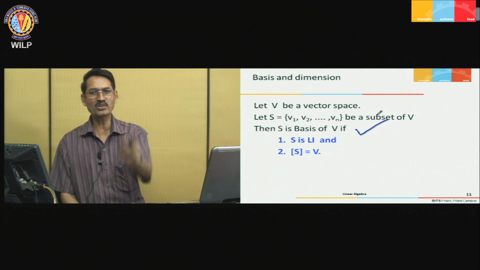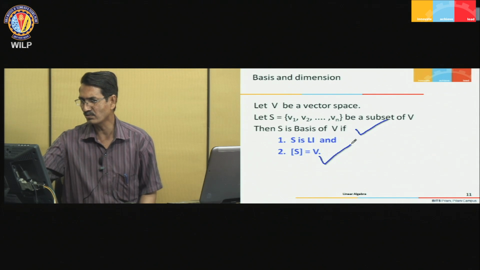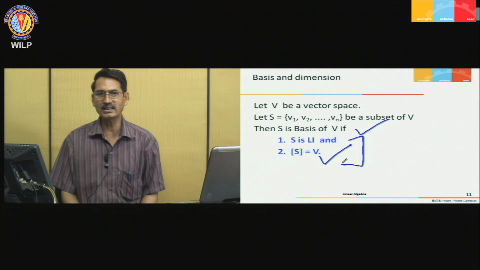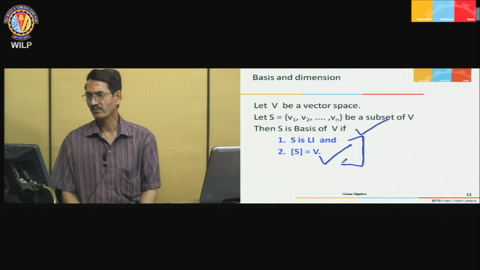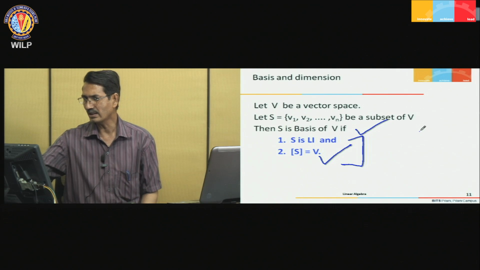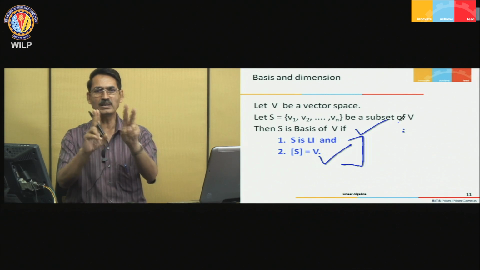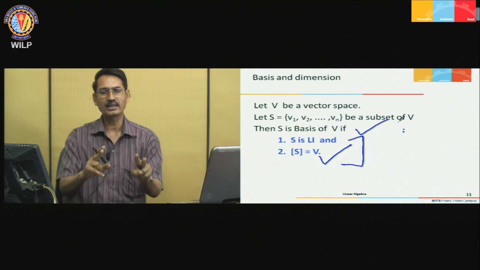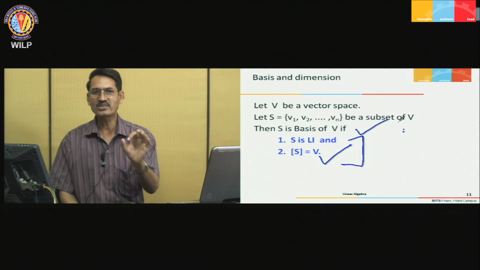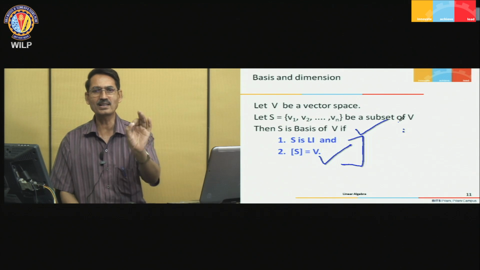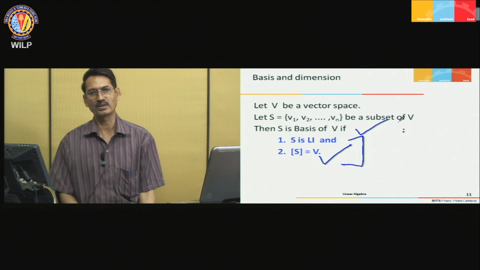First, S must be linearly independent, and second, the span of S must be equal to V. We have seen very clearly the meaning of linearly independent and the meaning of S spans V. So, S is called a basis of the vector space V if and only if S is linearly independent as well as S spans V, that is, span of S is equal to V, meaning that every element of V can be expressed as a linear combination of the elements of S. If these two properties are satisfied, then S is a basis of V.